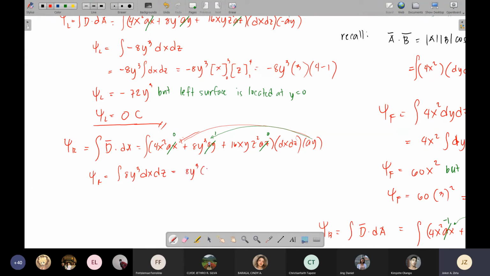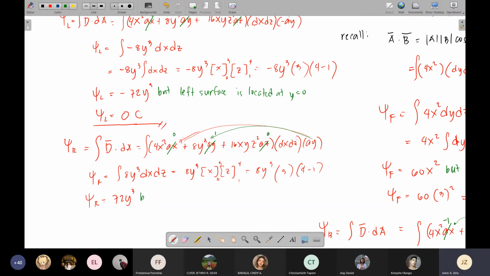Integral of dx is x, then integral of dz is z, with limits of course from 0 to 3 and from 1 to 4. This becomes 8y cubed times 3 times 4 minus 1. Therefore, flux on the right will become positive 72y cubed.